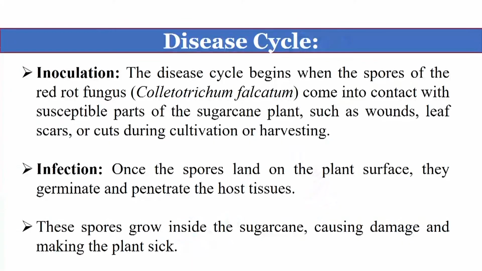Once the spores land on the plant surface, they germinate and penetrate the host tissues, and then grow inside the sugarcane, causing damage and making the plant sick.